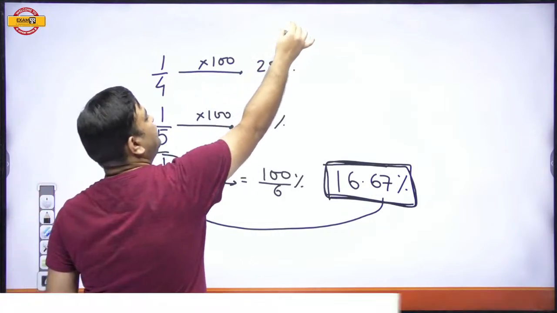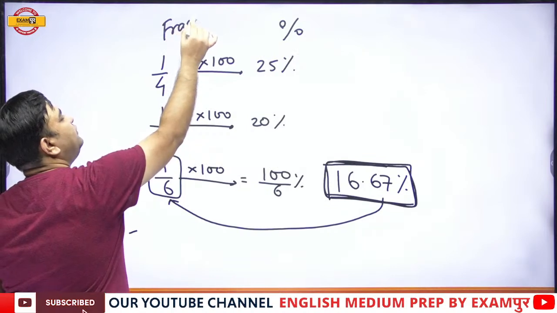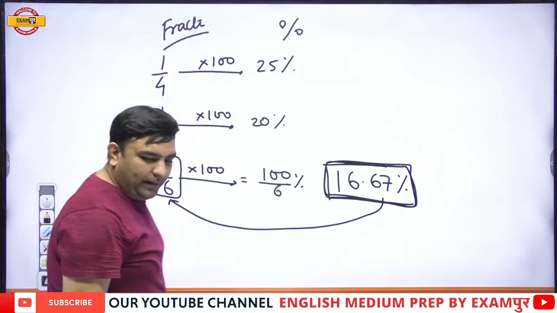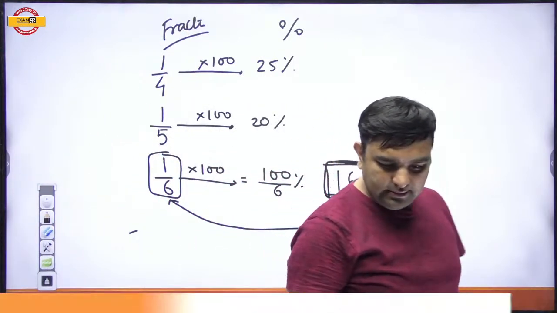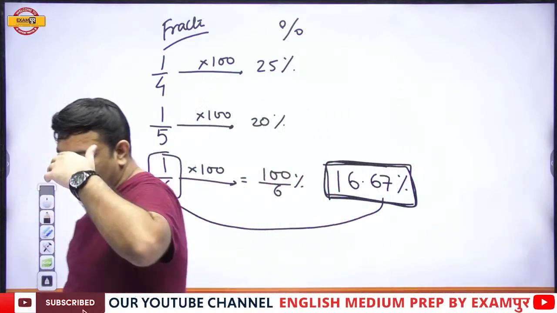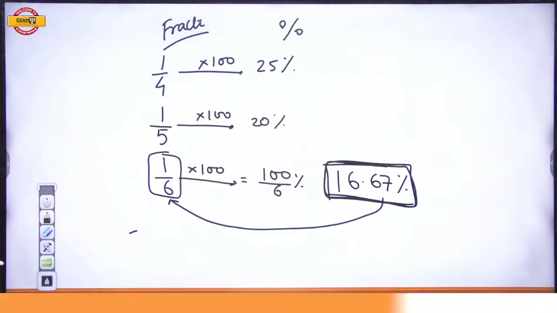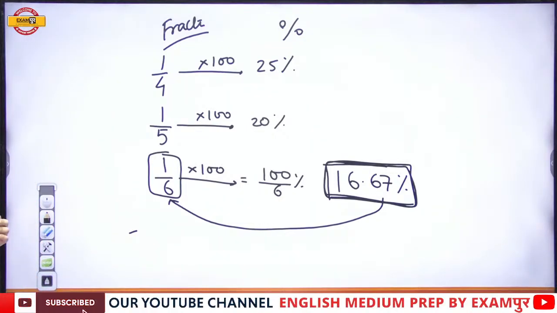This is what few values you have to learn or practice. Wherever you find 16.67%, you need to convert it into 1 by 6.